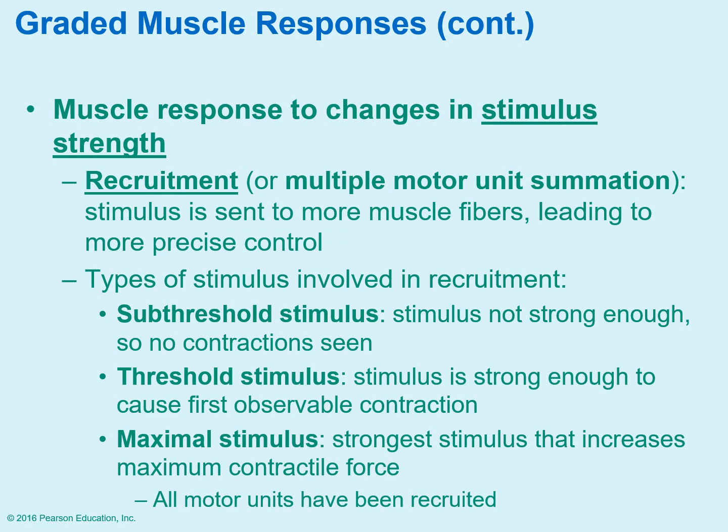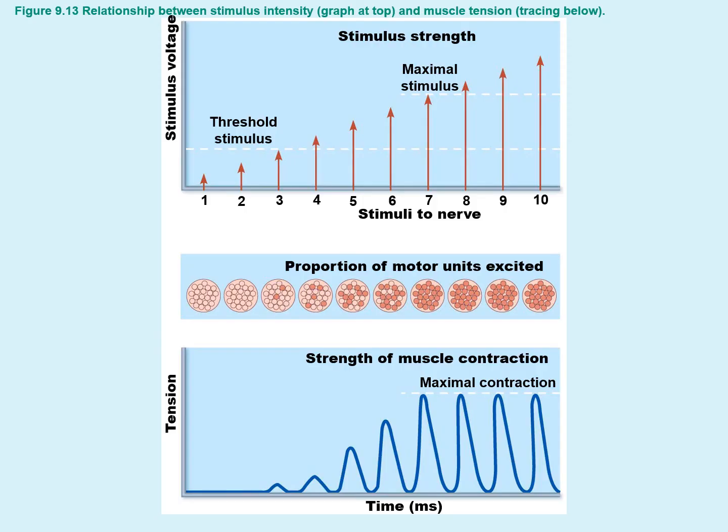And then maximum stimulus is the strongest stimulus that you can receive. So down here, you just had a small little stimulus, but you did reach that threshold point. But you can see increased amounts. So you wouldn't see any. You have to reach threshold in order to see a contraction.